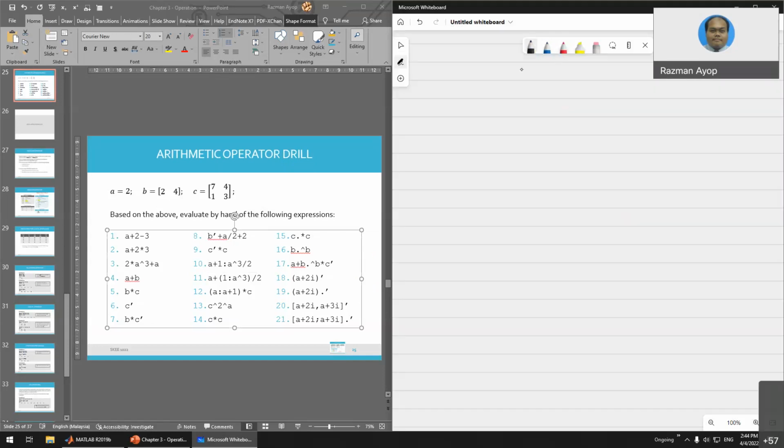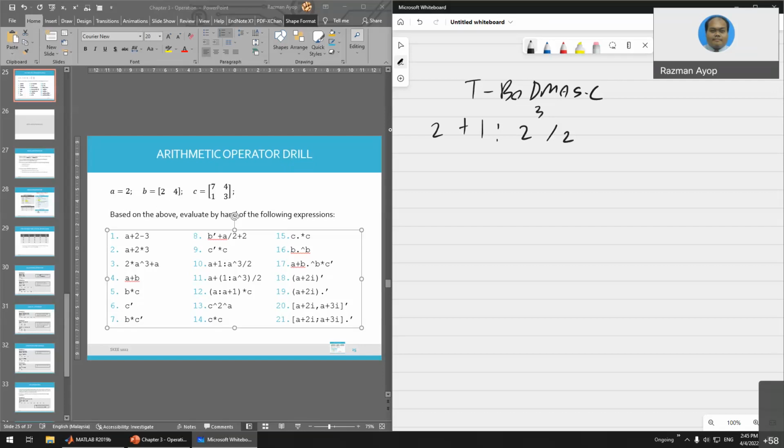When it comes to the semicolon, remember T, both must and C. So you have A is 2 plus 1 dot A power of 3, divided by 2.